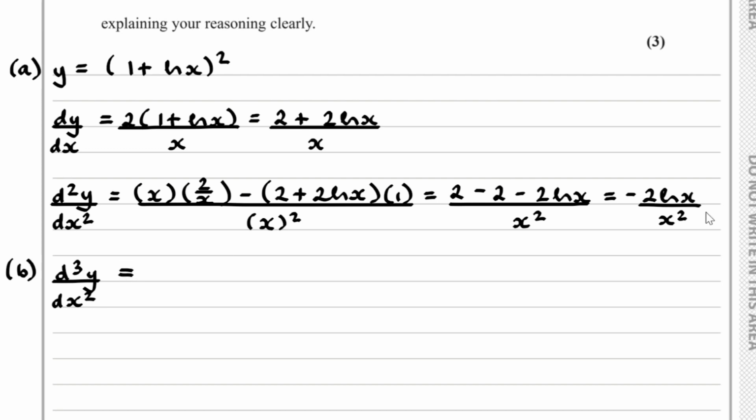So u is equal to minus 2 times the natural log of x. v is equal to x squared.